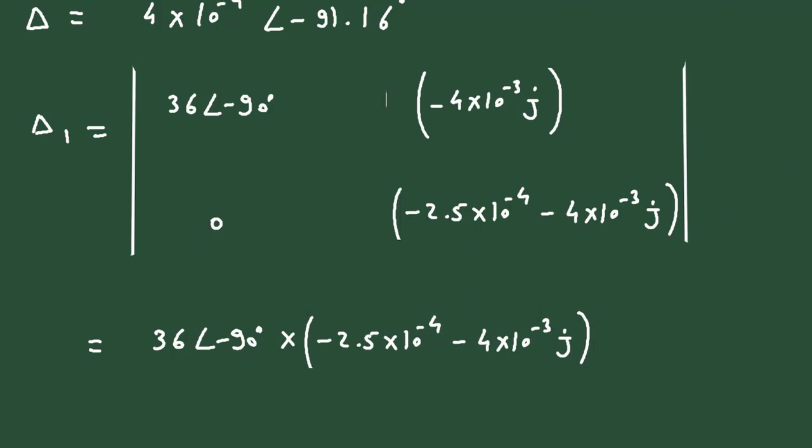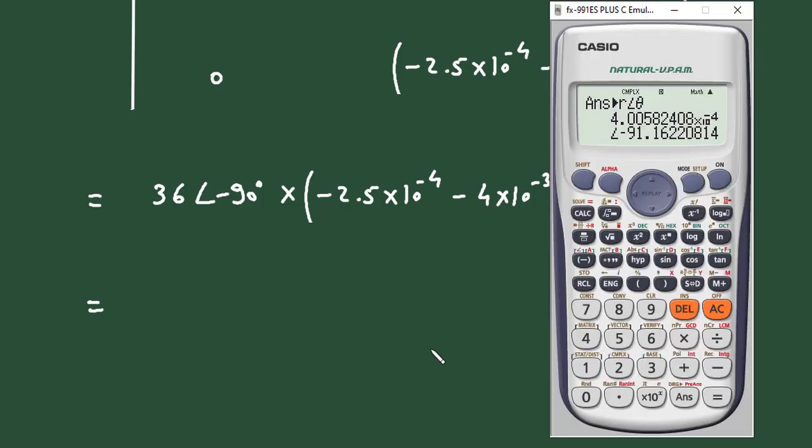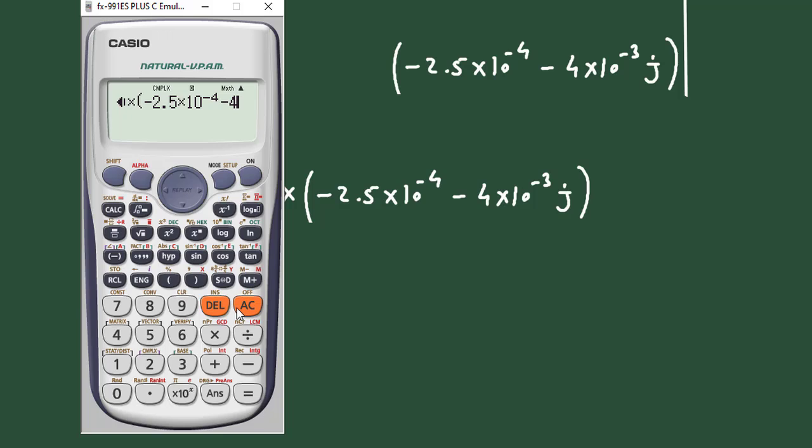Minus 0. So 36 at an angle minus 90 degree multiplied with minus 2.5 into 10 to the power minus 4 minus 4 into 10 to the power minus 3 into j.